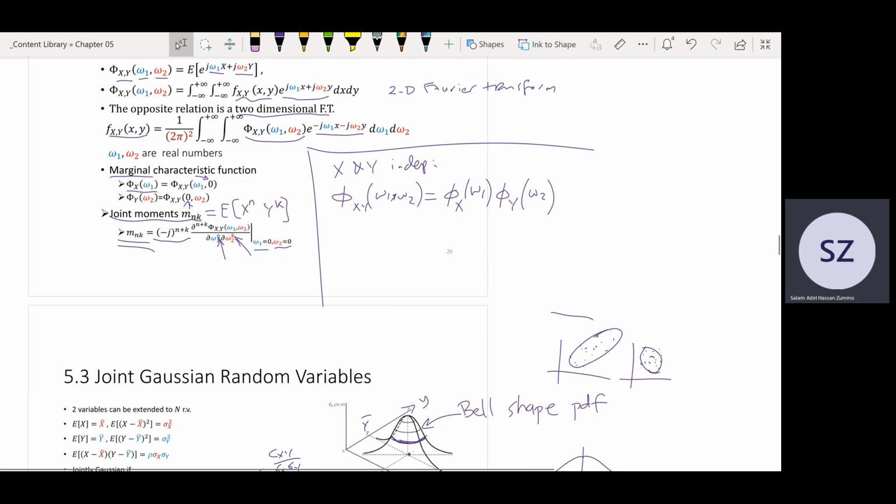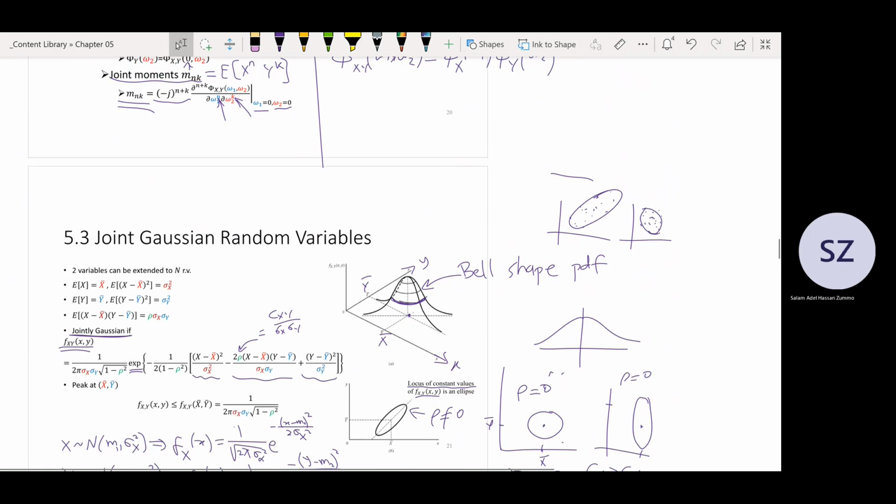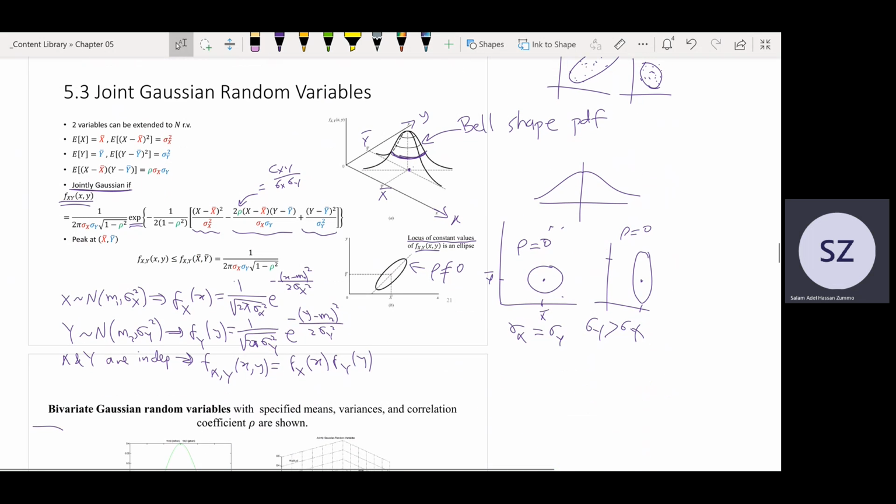And we talked about the joint characteristic function and how to use it to find the joint moments by double differentiation. And then we came to the most important part, which is the joint Gaussian. The PDF, the individual PDFs, and if they are uncorrelated, this middle term becomes 0, which makes the PDF resolve into a product of two PDFs.